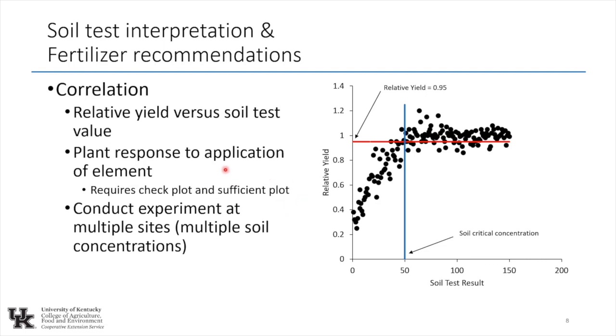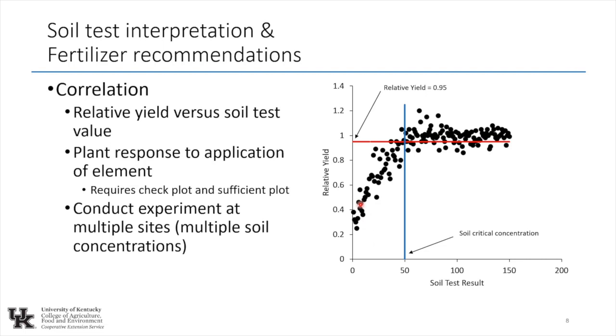Maybe we put down 100 pounds of P2O5 on this plot, 0 pounds on this plot. And perhaps at a soil test of 20, the yield of the sufficient plot was 200 bushels of corn per acre, and the check plot was 100 bushels of corn per acre. And so the relative yield was 0.5 or 50%.